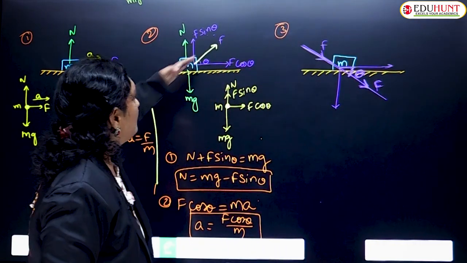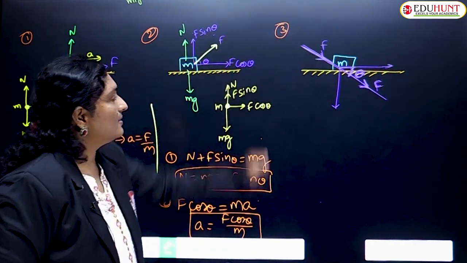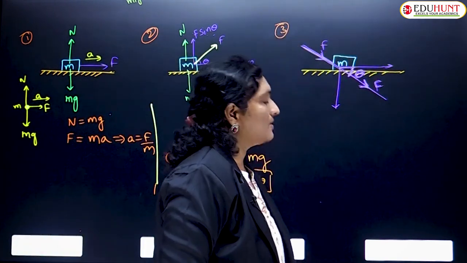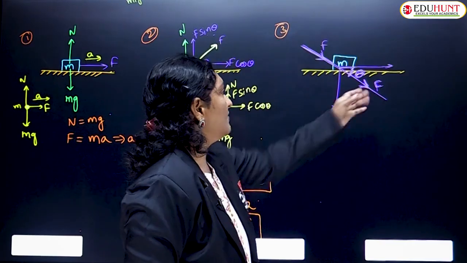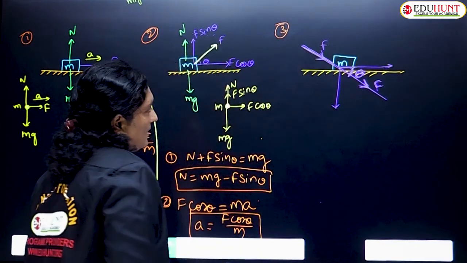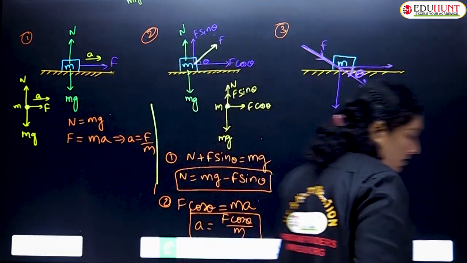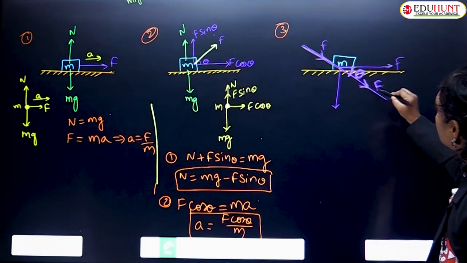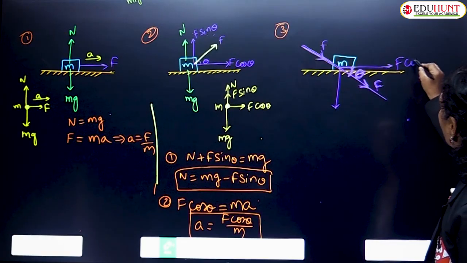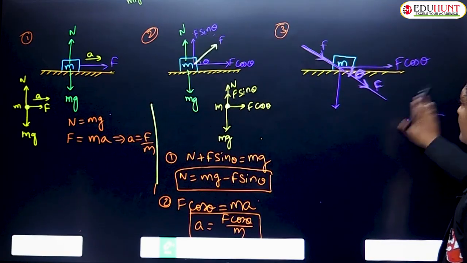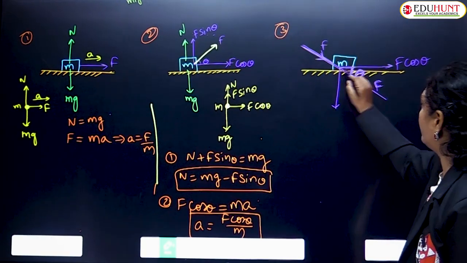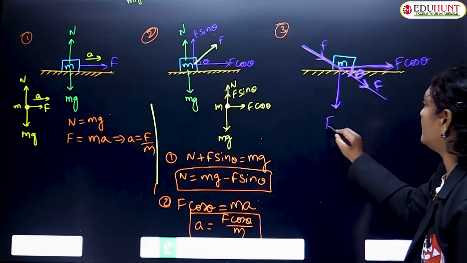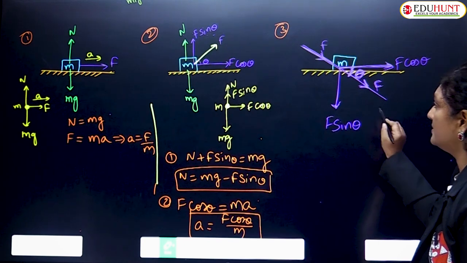This F is again resolved into two components. The horizontal component is given by F cos theta, because this is theta here, and the vertical component, perpendicular to this, is in the downward direction. So here it is given by F sin theta.